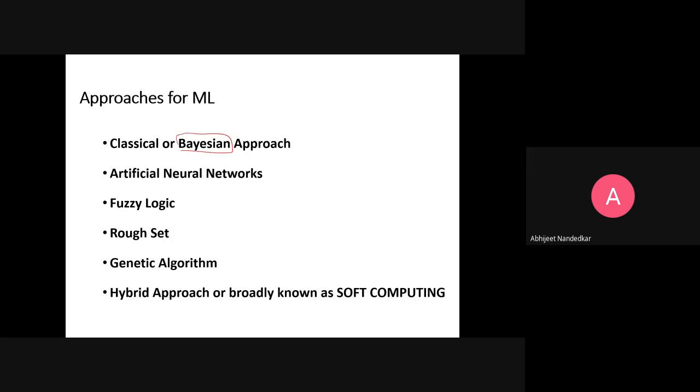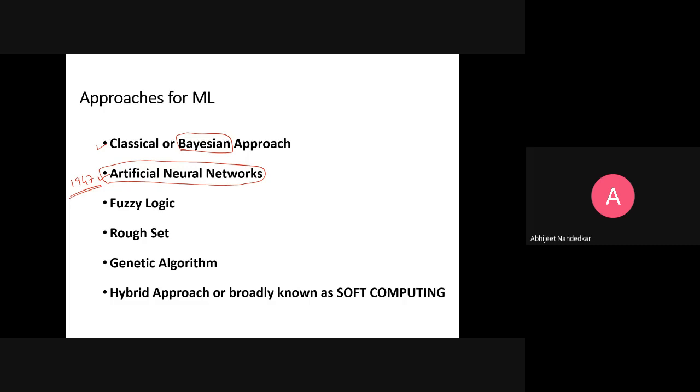In those days computers were not available, still the genius people could do this work. Next is the artificial neural network, which is nowadays very, very popular. That is another approach in this field, and it came in 1947 or so.